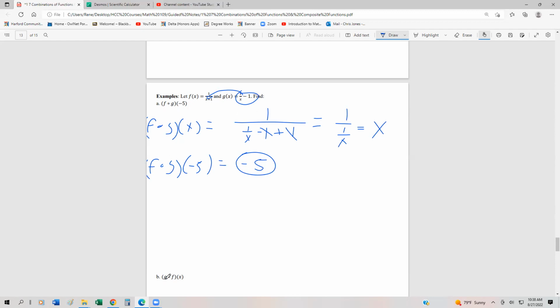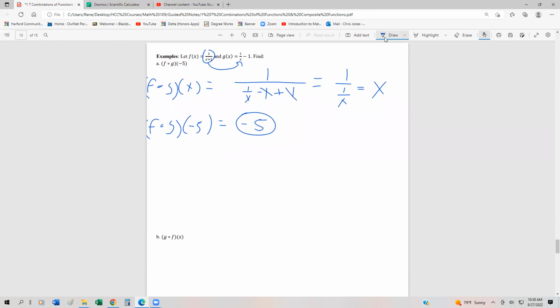Now we're going to evaluate g at f at x. We start with g, and we substitute f back in. That's just going to become 1 over 1 over x plus 1, minus 1. Remember, when we divide a fraction by a fraction, we multiply by its reciprocal.